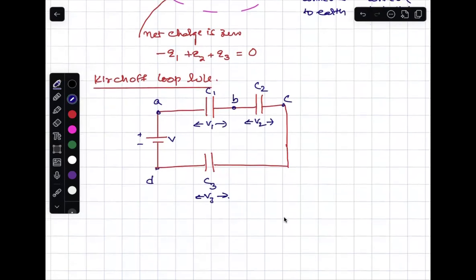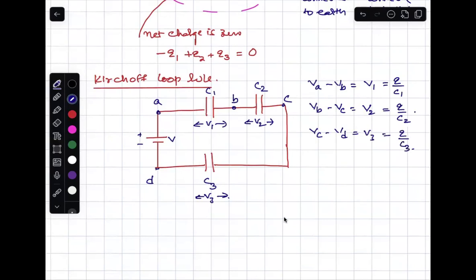So what Kirchhoff law states is, what is VA minus VB? Simply V1, which you can write as Q by C1. VB minus VC is V2, Q by C2. VC minus VD is V3, which you can write as Q by C3.